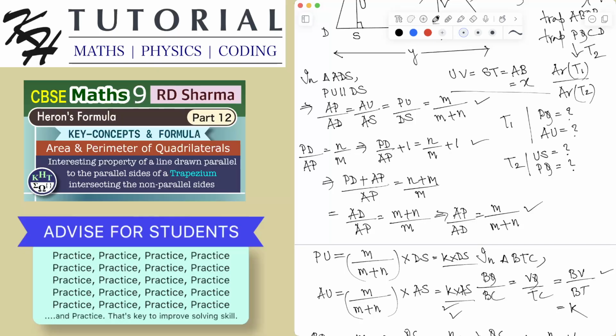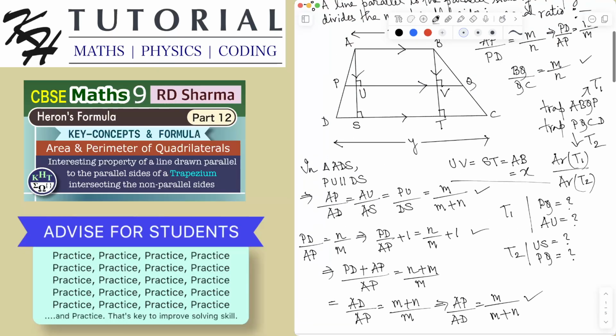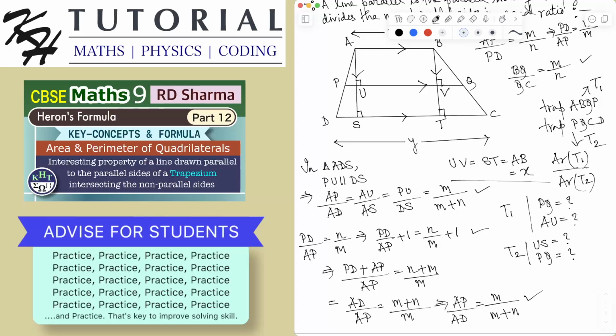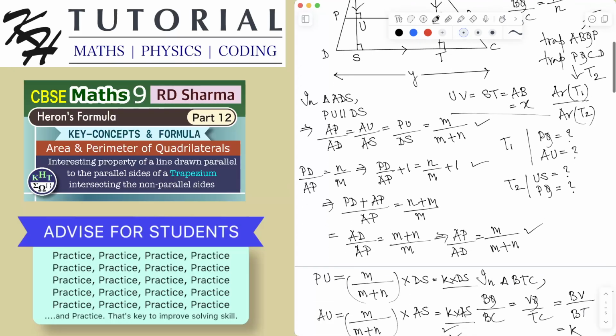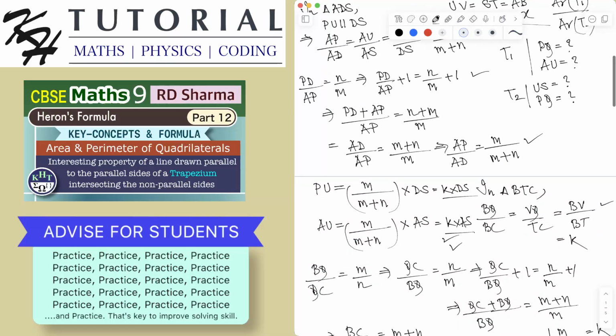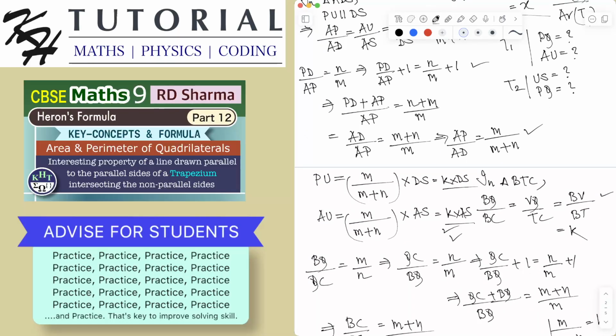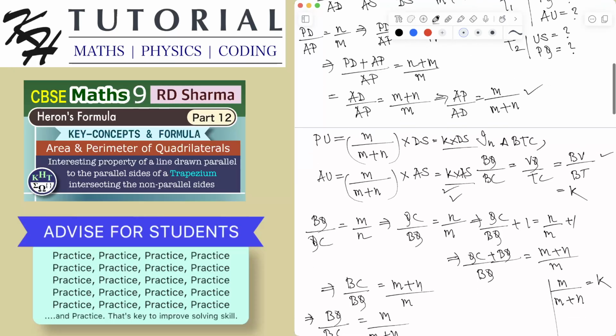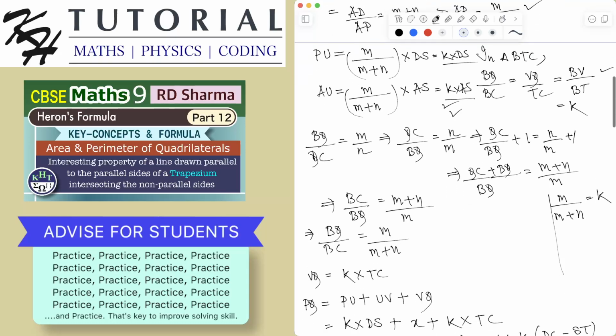Similarly, VQ will also be equal to K into TC.